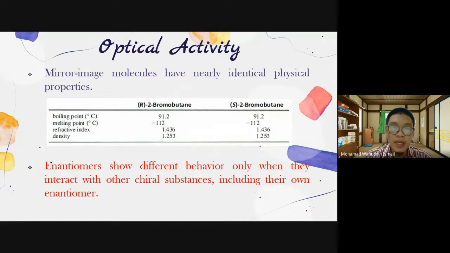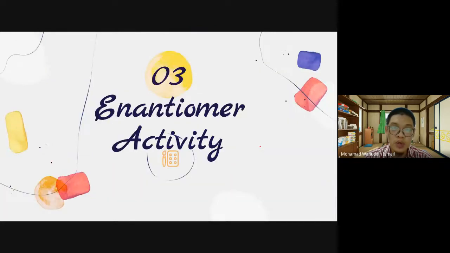Mirror image molecules have nearly identical physical properties. So we look at enantiomer activity. Why the importance of enantiomers? Why the differences in stereoisomers? Constitutional isomers are both different molecules, meaning they have different properties.